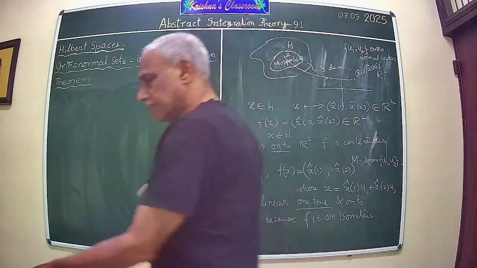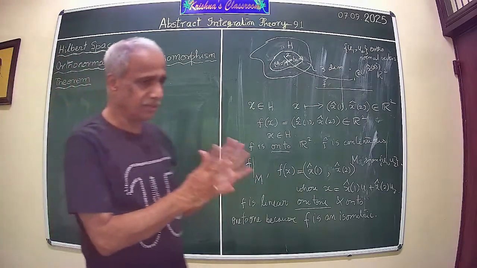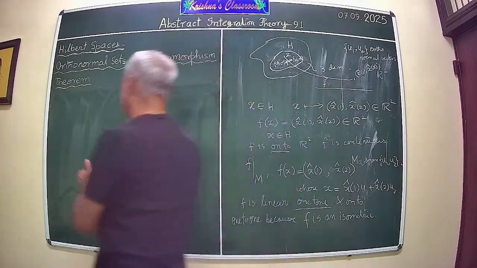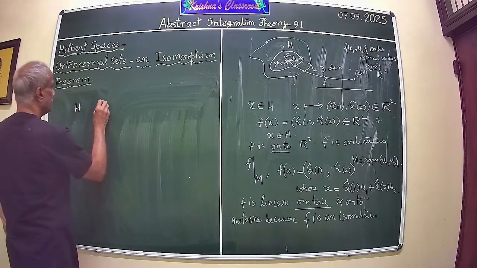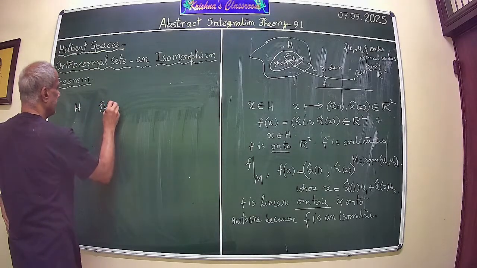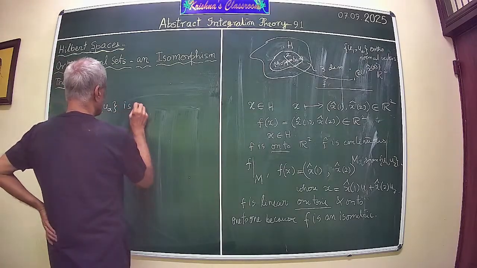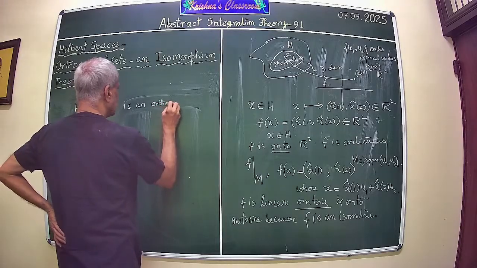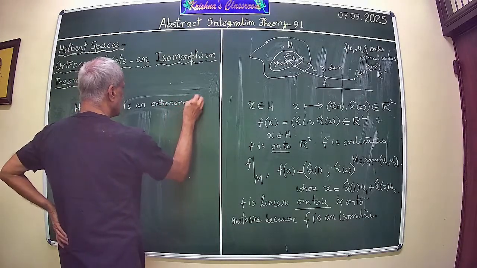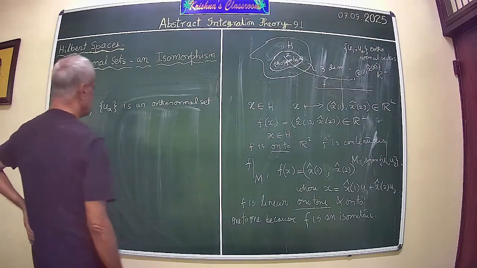So that's our objective. Take H, U alpha is an orthonormal set.